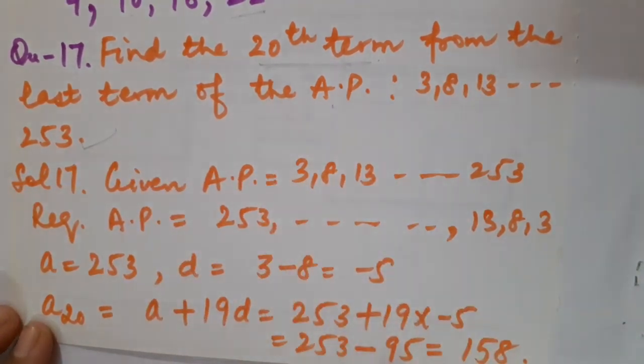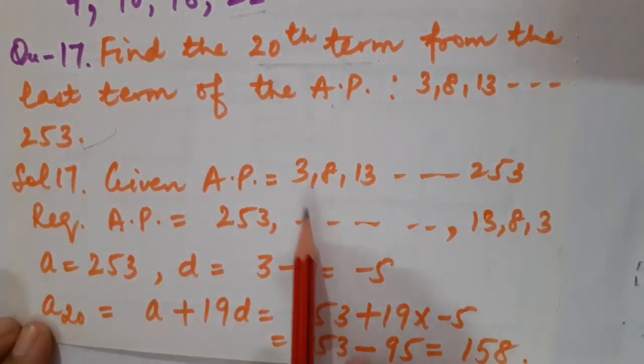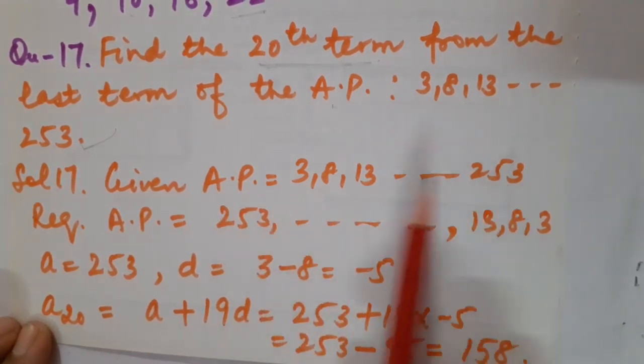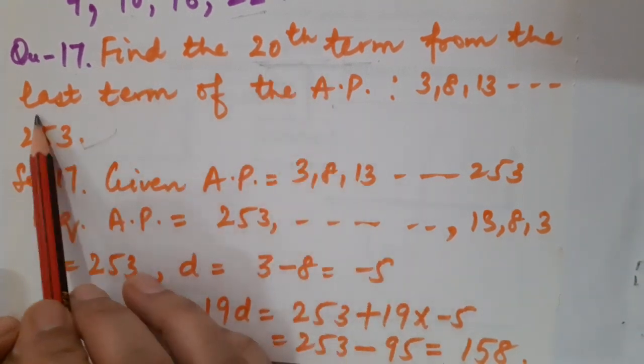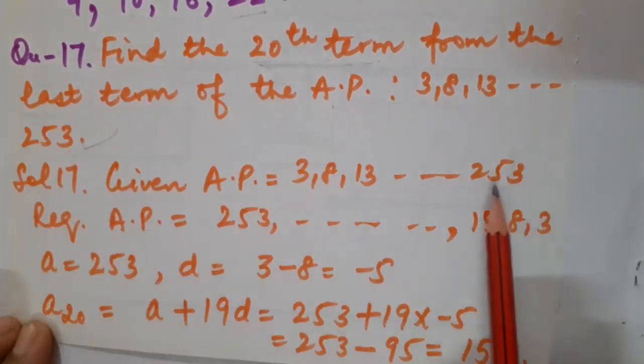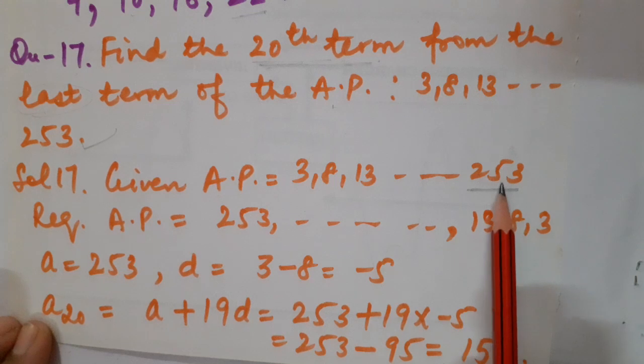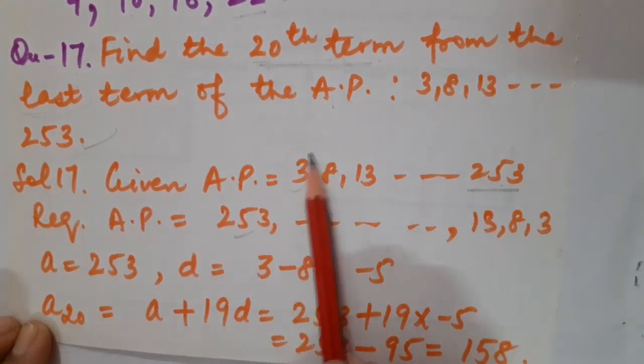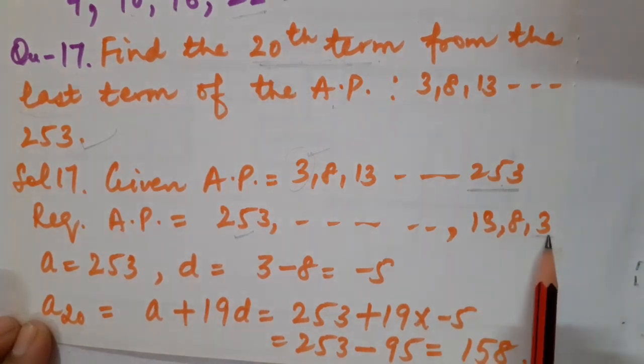Whenever such a type of question comes, you just have to write the given AP in the reverse order, because we have to calculate the 20th term from the last. Whatever is the last term will become the first term, and whatever is given as the first term will be considered as the last term.